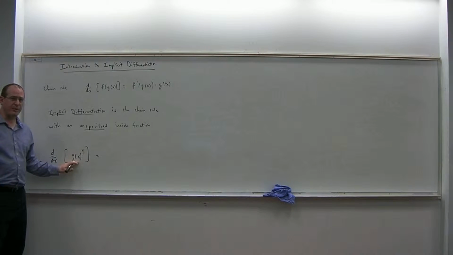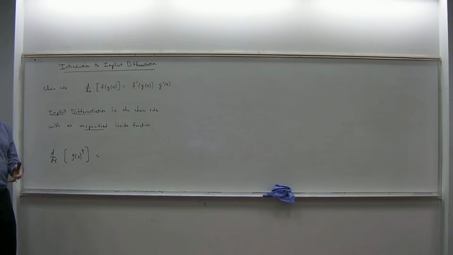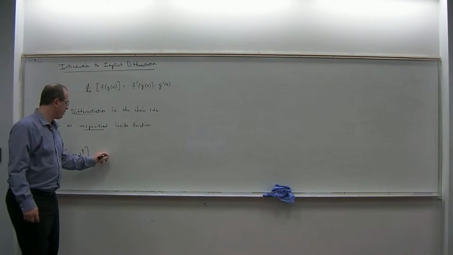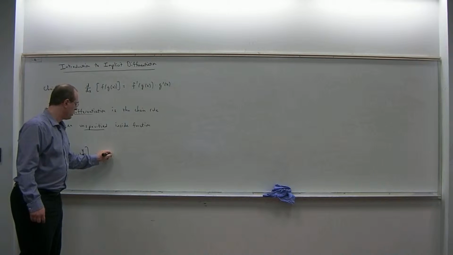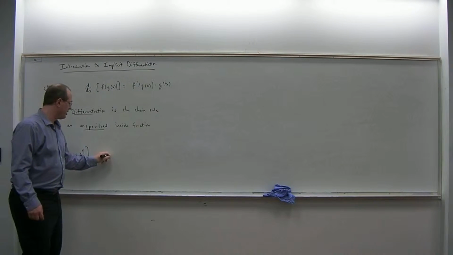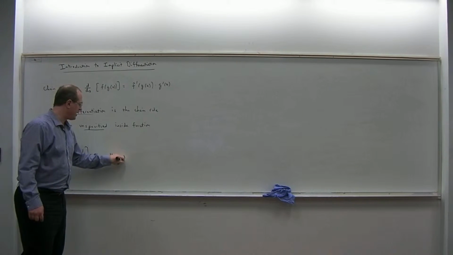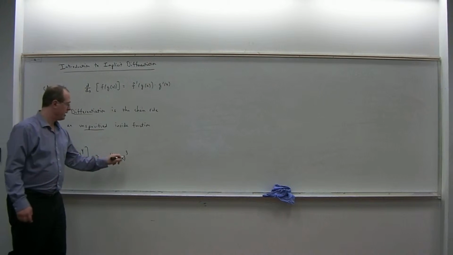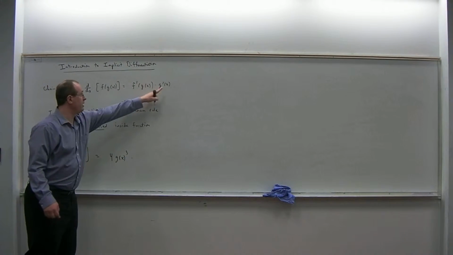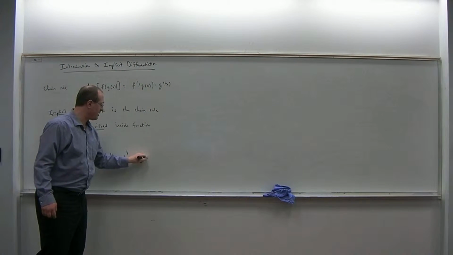G of x is an unspecified function, and the function f is the fourth power. That's a specific function. And the derivative would be, according to the chain rule, the derivative of the outside would be 4 times g of x to the third. That's the power rule. And then times the derivative of the inside would simply be g prime of x.